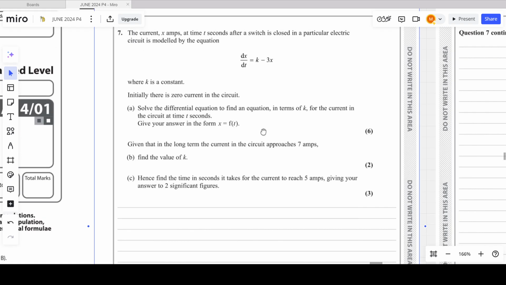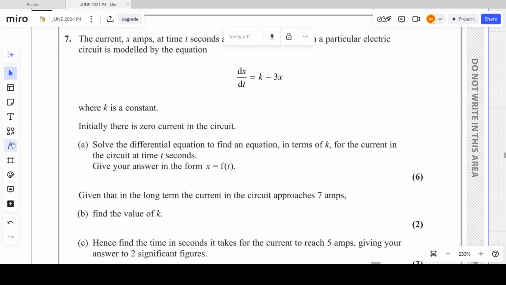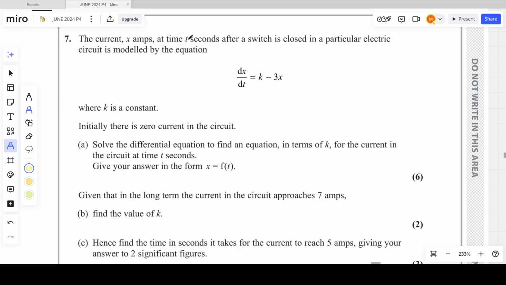In question number 7, the current x amps at time t seconds after a switch is closed in a particular electric circuit is modeled by the equation dx over dt equals k minus 3x.